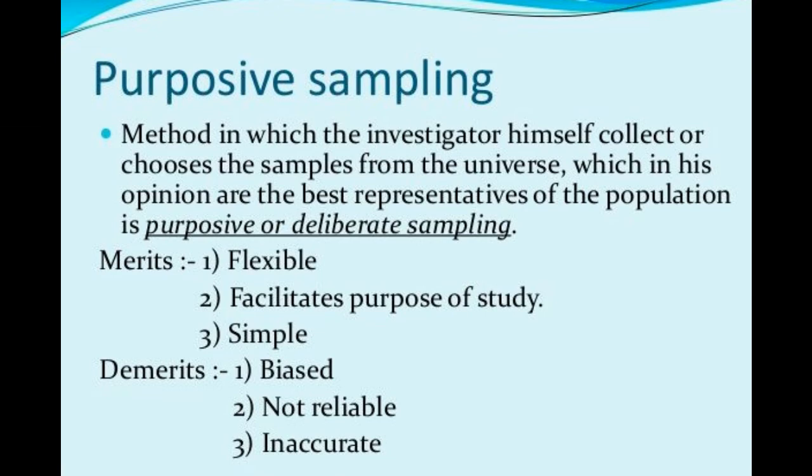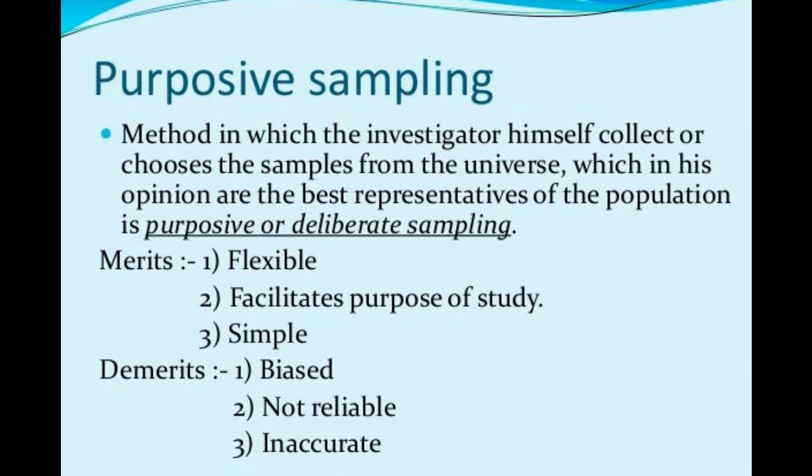Next is purposive sampling. This is also known as judgment sampling, that involves the researcher using their expertise to select a sample that is most useful to the purposes of the research. So in most cases, purposive sampling has inclusion and exclusion criteria.